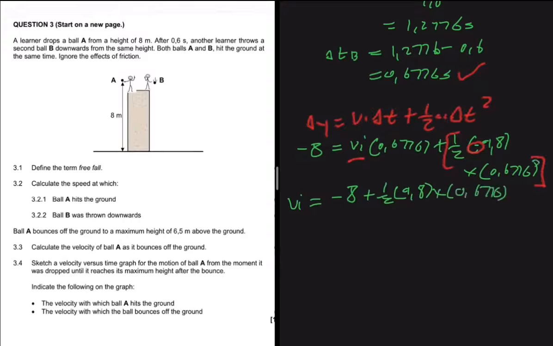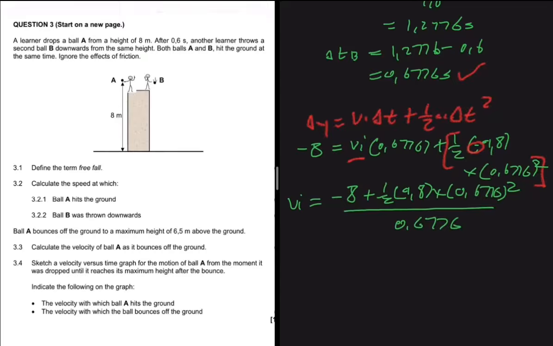We're supposed to have squared here, because it's a half A delta T squared, and then everything divided by the coefficient of VI, right? So we're supposed to have squared here too, which is 0.6776. So let me just go ahead and put that in my calculator real quick and see what I get.